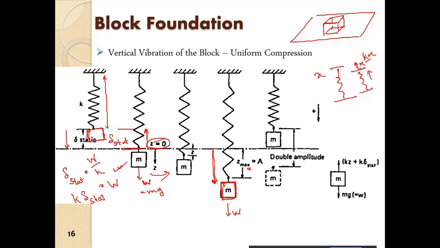So now at this instant, what are the forces? We have W, then we have K delta static plus Z max. So total displacement is delta static plus Z max.